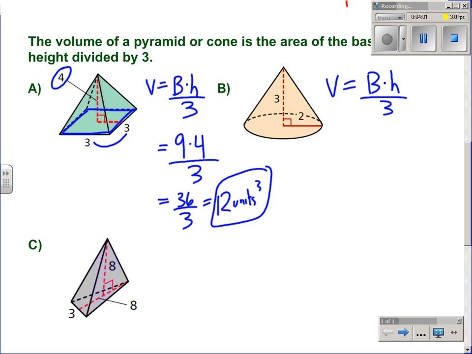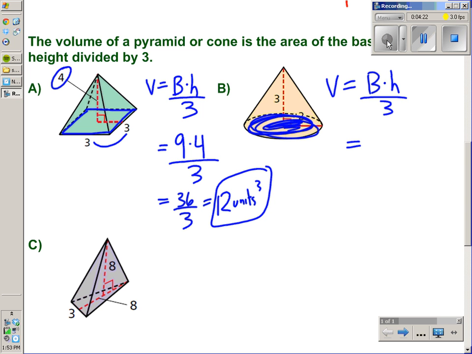All right, same formula, but now we have a cone. So what we want to do is find the area of the base, multiply it by the height, and divide by 3. So in order to find the area of that circle, we need to do pi r squared. The radius is 2, so let's go ahead and calculate that. Since the radius is 2, we're going to square that. That's 4.